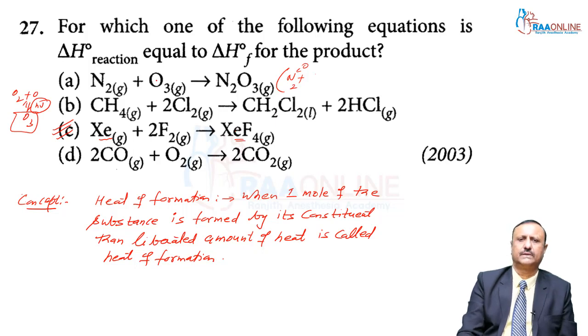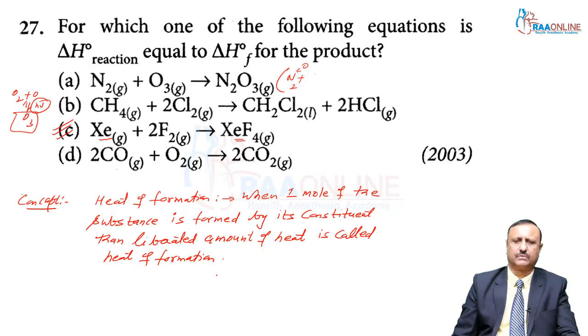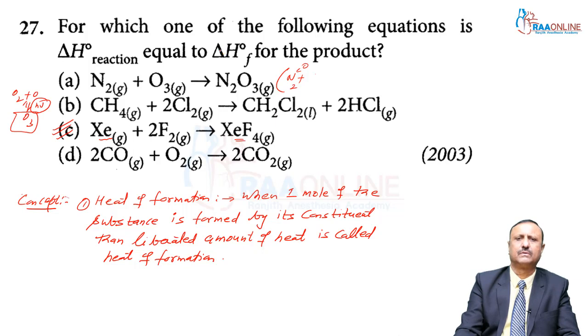Here the enthalpy of this ozone is not equal to 0. So, this is the second condition. When the enthalpy of formation is 0, then delta H reaction is equal to delta HF.